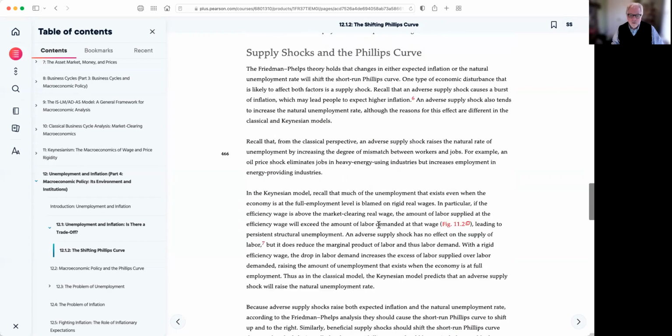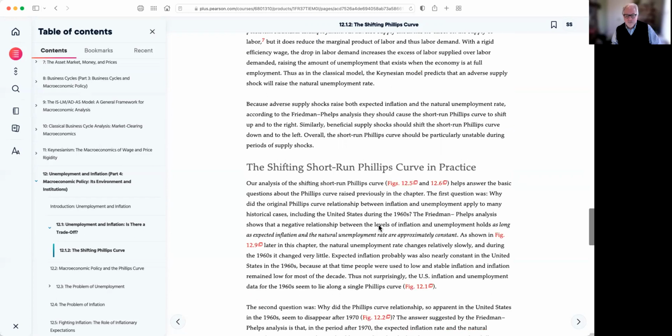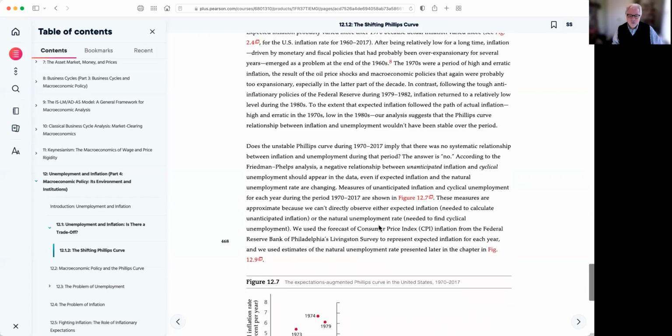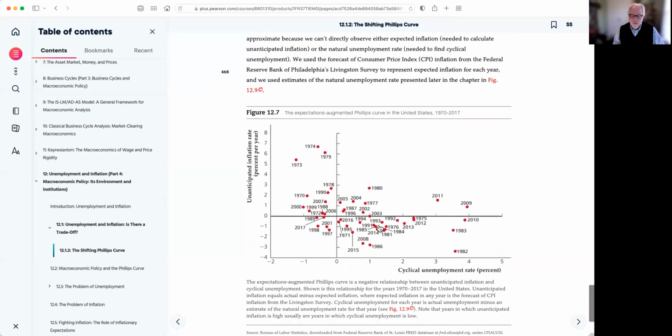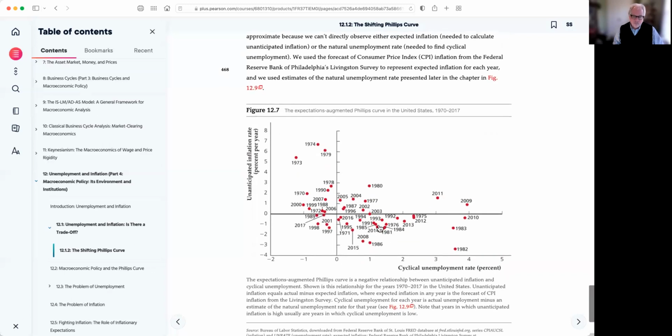And then it talks about what happens when you have supply shocks, what happens to the actual Phillips curve data at different points in time, and how that can help explain things. And so here we have now the unanticipated inflation. There's more of this Phillips curve kind of relationship, a negative slope here, between unexpected inflation and cyclical unemployment, the kind that is related to the business cycle.